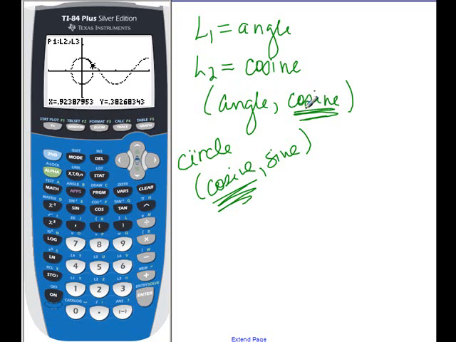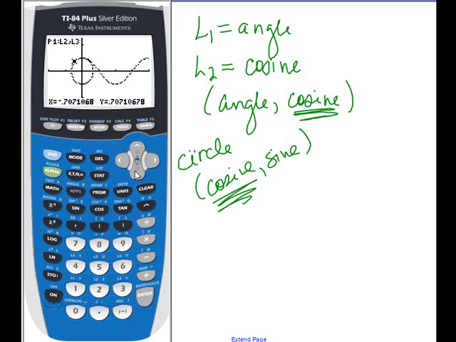Okay, now let's get to some point maybe in the second quadrant. Here is the cosine of our point, negative 0.707. If I toggle over to the other curve, the cosine curve, the y-coordinate on that cosine curve is negative 0.707.